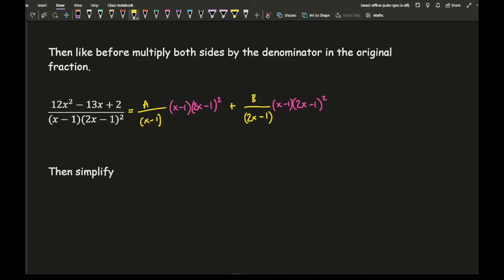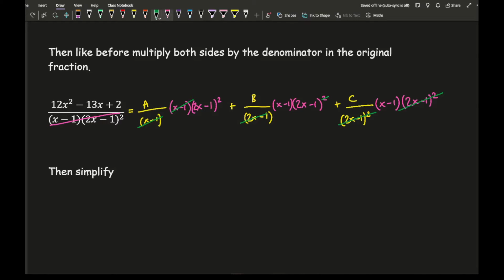And then I've got c over 2x minus 1 squared, and that's going to be multiplied by the original denominator, which was x minus 1, 2x minus 1 squared, and that then disappears. Now I can simplify this. That cancels with that, this cancels with one of those, and all of this cancels with all of that.